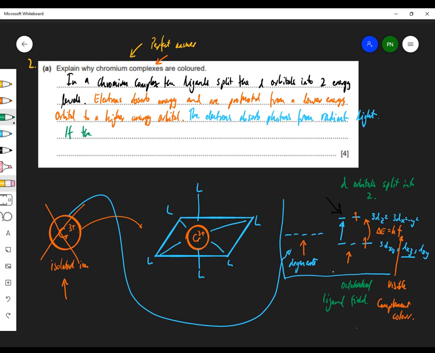If the energy absorbed is in the visible part of the spectrum, the complement color is seen.